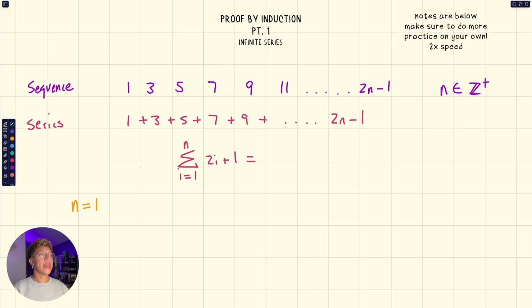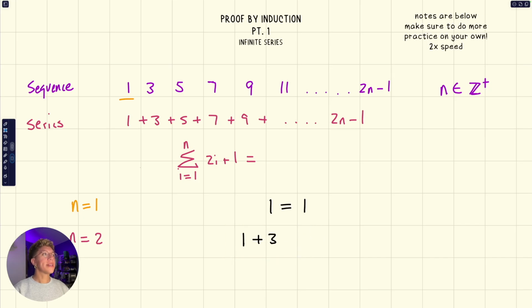So we say the sum of the first number is just 1, and the sum of 1 is 1, like that. So simple, it's kind of silly. And then we take our next one. We'll say n equals 2, and that's going to be the sum of the first two numbers. So we say 1 plus 3. And let's move all of this over to the right a little bit.